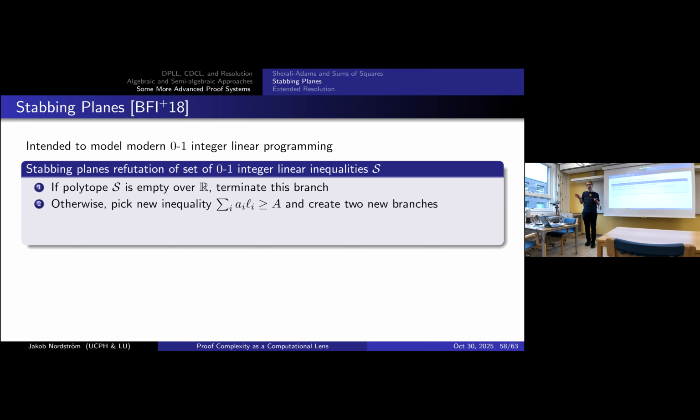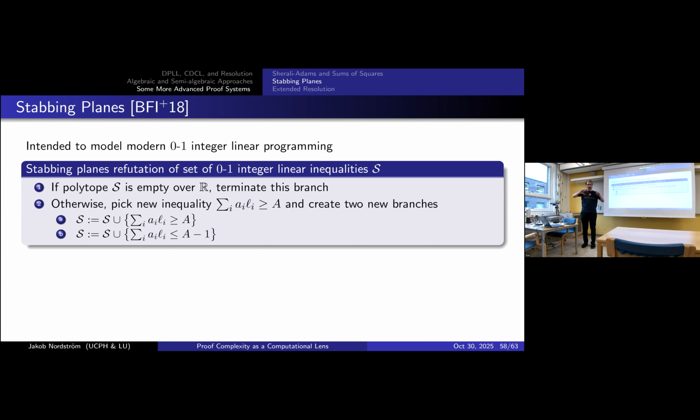Otherwise, you pick any linear inequality over literals and you branch. In one, you add that this linear form is greater equal A. And in the other branch, you add that, well, the linear form is less equal A minus 1, where all of the coefficients that you see here are integers. So it's called stabbing planes because you're sort of removing the plane between A and A minus 1.